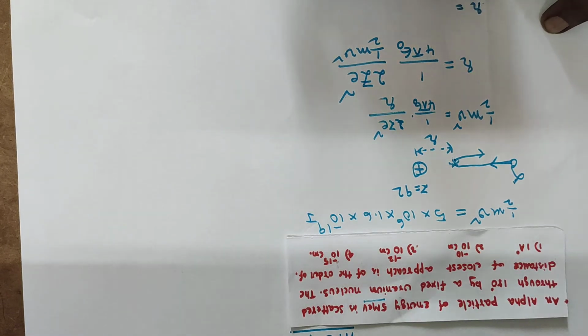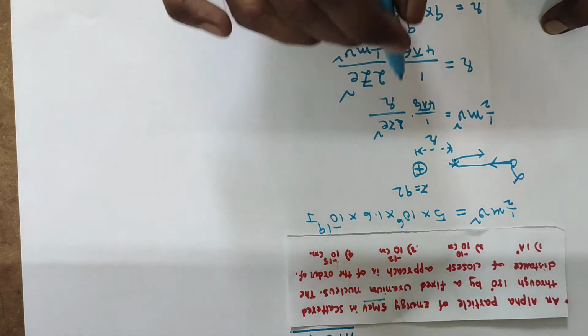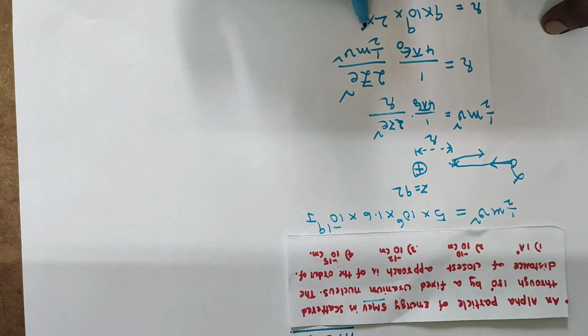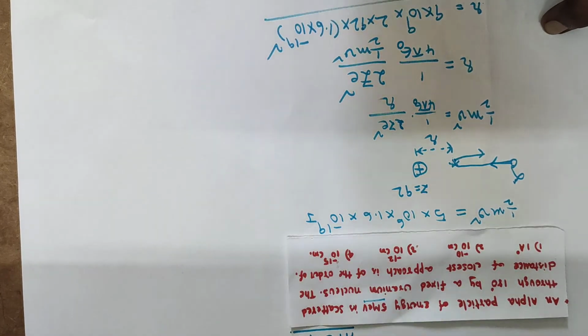Now substitute the values. You know 1 by 4 pi epsilon naught value is 9 into 10 power 9, into 2, Z for uranium is 92, and e value 1.6 into 10 power minus 19 whole square, divided by half mv square.